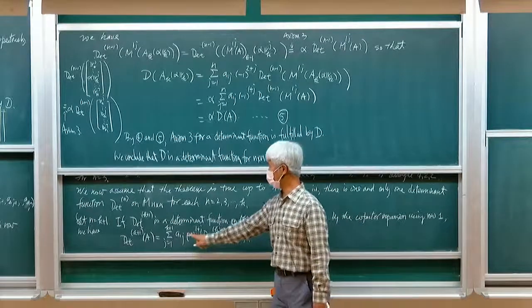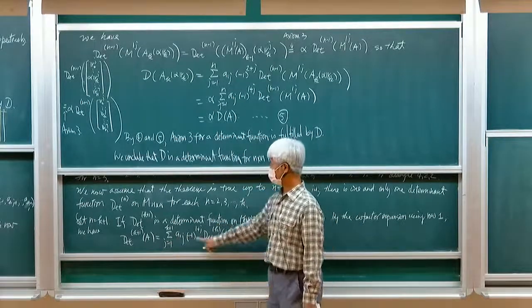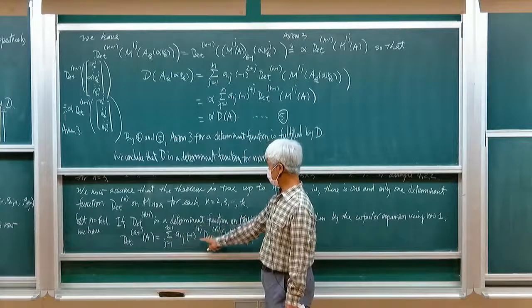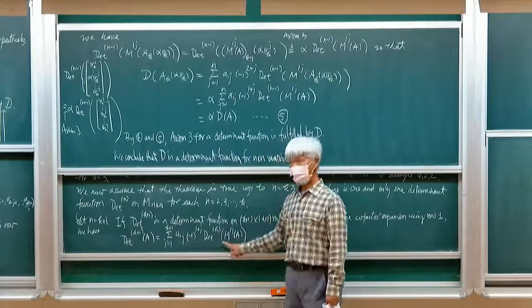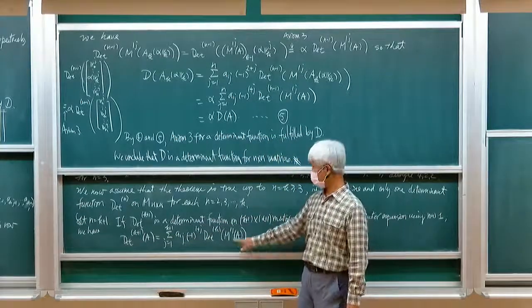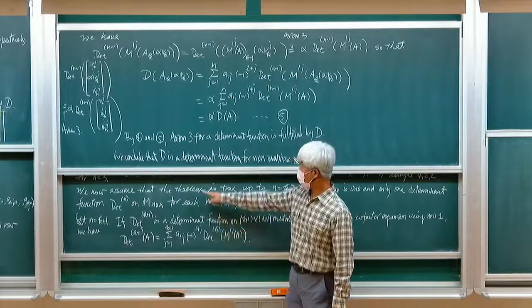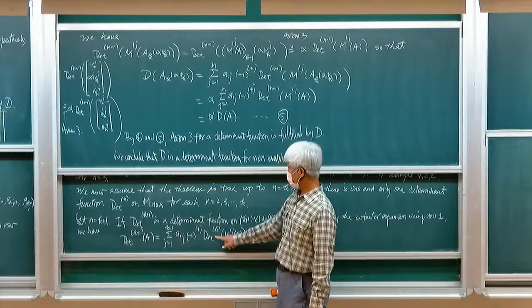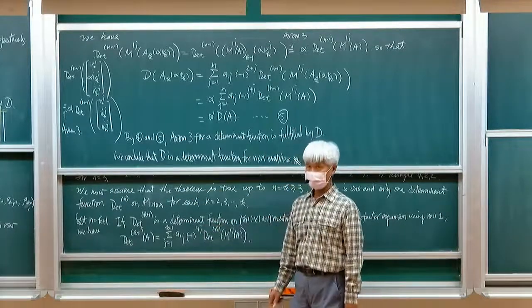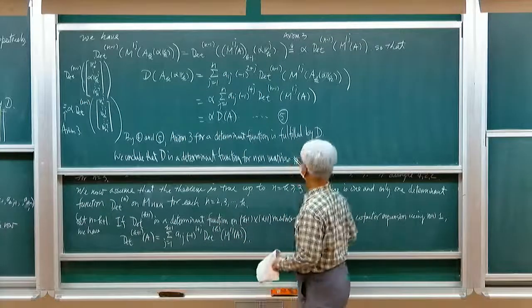Okay, so the value is unique. So this value must be equal to this one, and as in these induction steps, this determinant function is unique, so the value is unique.